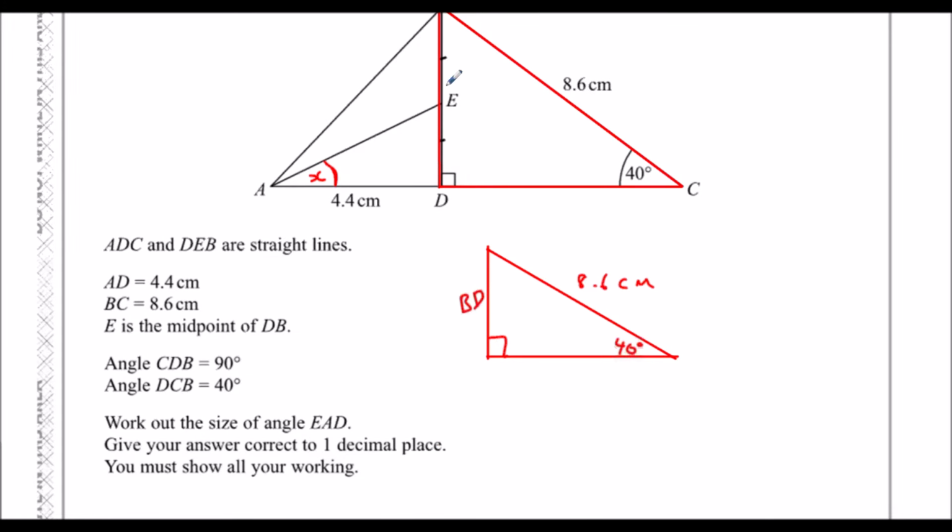So we're using SOHCAHTOA. The hypotenuse is opposite the right angle, it's the longest side. Opposite the angle is called the opposite, and in between the angle and the right angle is called the adjacent. We're not using the adjacent, we're using the opposite and the hypotenuse. So from SOHCAHTOA, we're using O and H, which is SO.